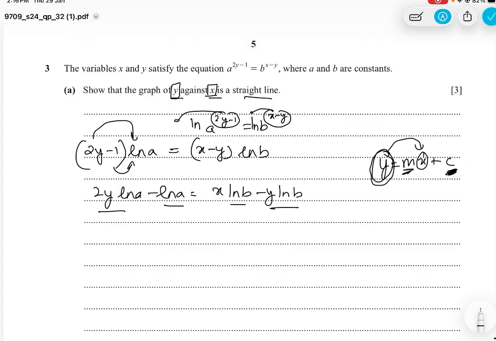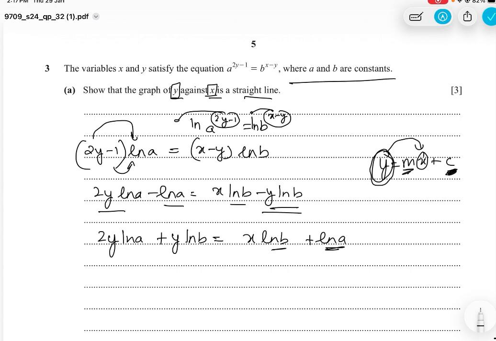So if I take y terms to one side, this would be 2y ln a plus y ln b equals x ln b plus ln a. See, these are constants because a and b are constants.